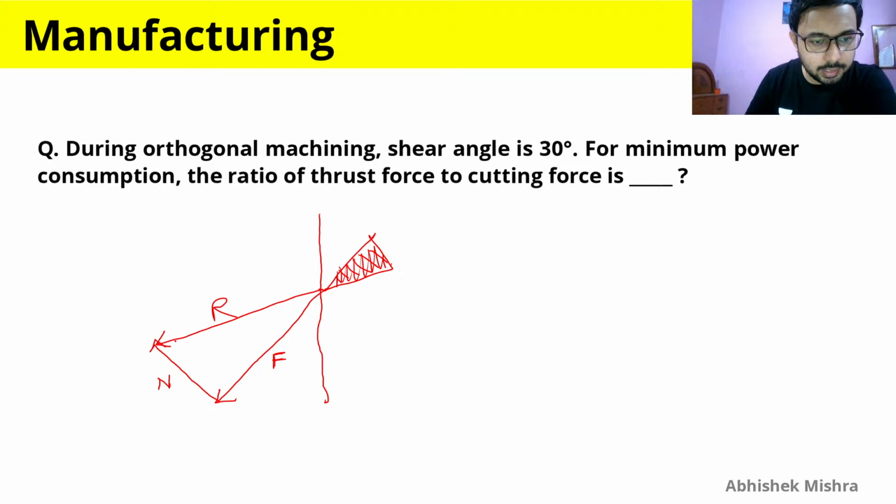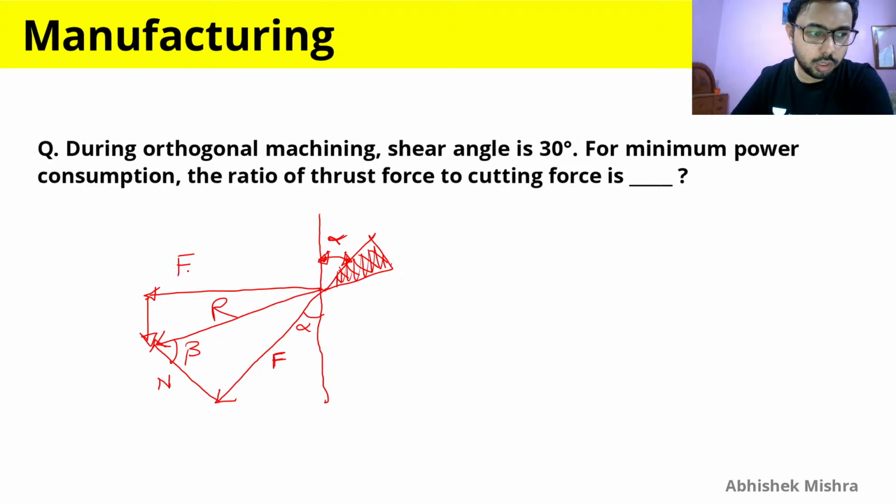And this angle here is the beta angle, that is the friction angle. Okay, and what is this angle? This angle is alpha, that is the rake angle. So this is alpha, and this will also become alpha, that is rake angle. So here we have to find the ratio of Ft, that is the thrust force, and Fc, that is the cutting force.